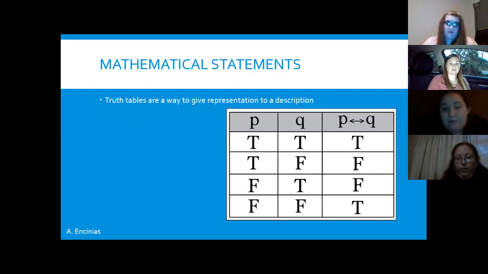Now, if P is false, but Q is true, it doesn't work as well, because you can't imply Q from P because it's already false. And if both are false, that's true. Hopefully that made it a little bit easier to understand mathematical statements. Thank you so much for tuning in.